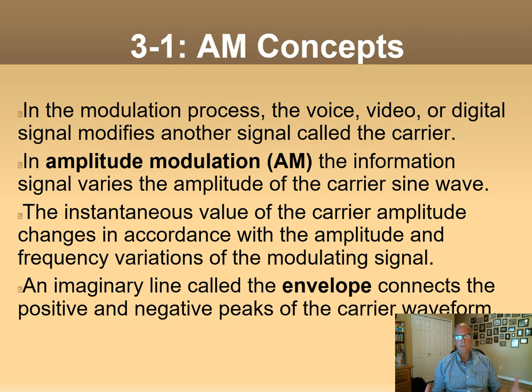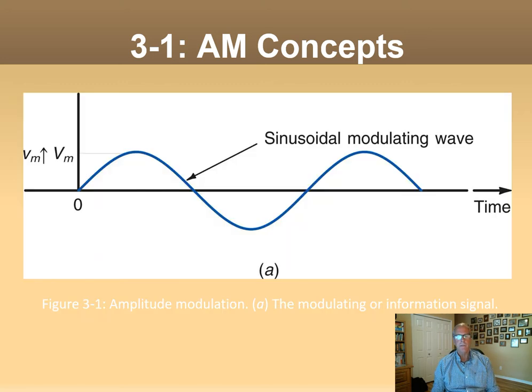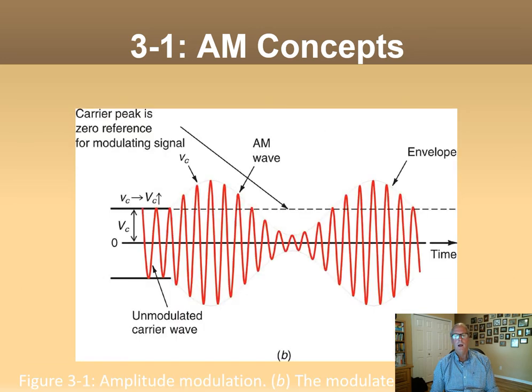There's an envelope associated with that, an imaginary line, which is best seen in this next slide. So here's the modulation signal. Again, this is somebody talking, or newscast, or perhaps music on the AM band, okay? And it forms this envelope as it modulates the carrier.